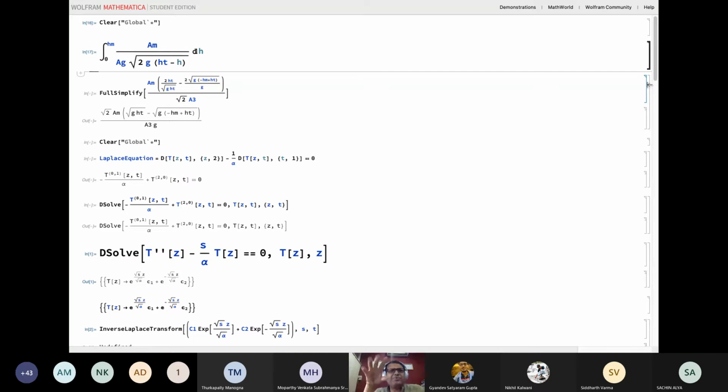Is my screen visible to you? Is Mathematica visible to you guys? Yes, sir. Just one second, it will give you the answer. It takes a while. Mine is not a very powerful computer.